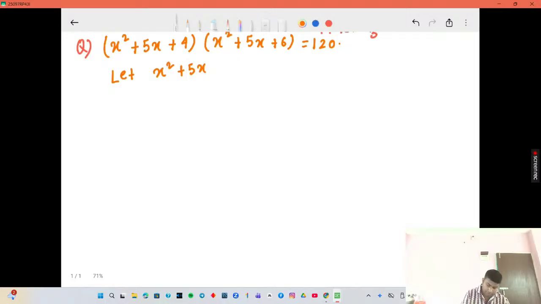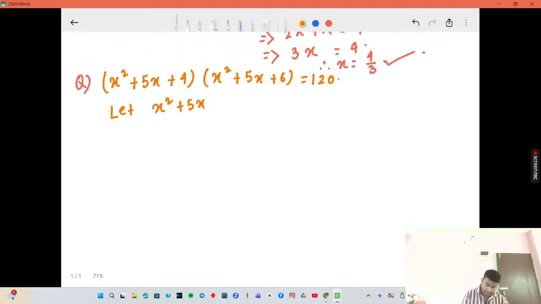I will take x square plus 5x plus 4 is equal to y. So now here we can write x square plus 5x plus 4 plus 2 is equal to 120.